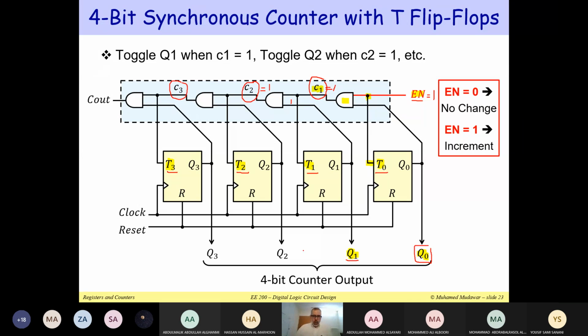And finally, when do we toggle Q3? Meaning, when do we make T3 is equal to 1? So when do we have C3 is equal to 1? When Q2, Q1, Q0 are equal to 1. Exactly. When all of them, Q2, Q1, Q0 are all 1, 1, 1, that's when I'm going to toggle Q3.